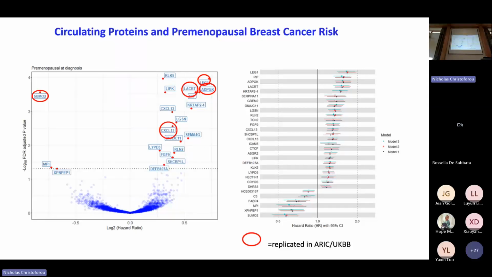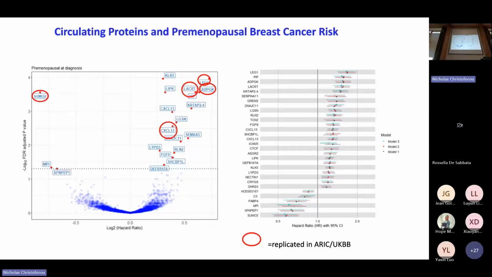AGPAT, glucokinase, that's the metabolic enzyme, which has been linked to a number of different cancer types. And then CXCL13, a chemokine which has been linked to breast and other cancers previously, playing a very important role in the inflammatory response. So some really interesting hits here.